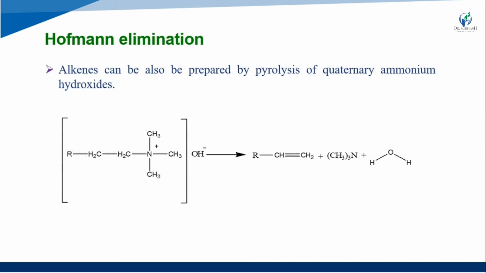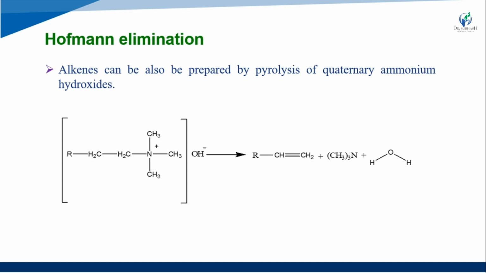Okay, now we study the Hofmann elimination reaction. Alkenes can be prepared by the pyrolysis of quaternary ammonium hydroxide. Quaternary ammonium hydroxide reacted at delta temperature makes one alkene, and one ammonium salt is liberated and one water molecule is also liberated.